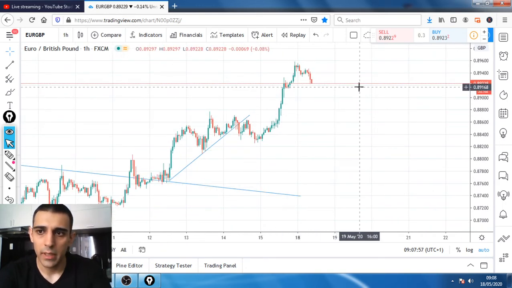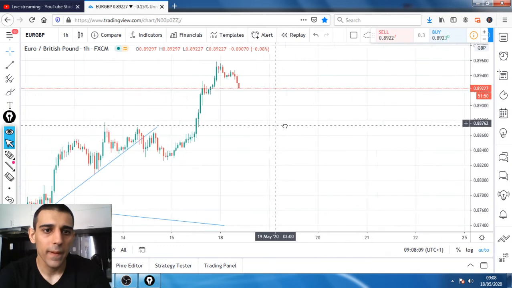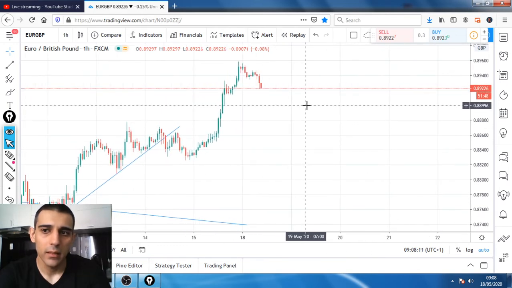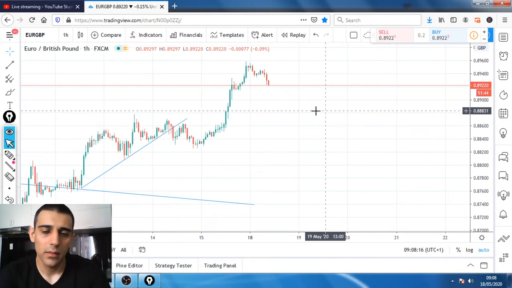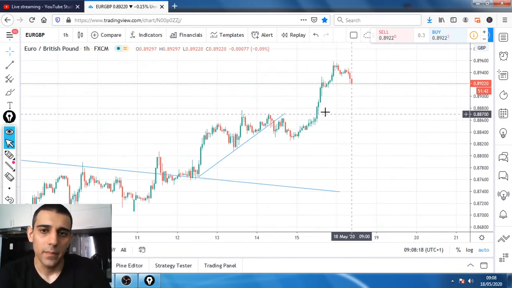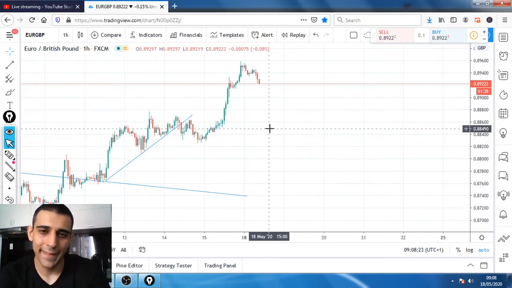So if the price comes down to 89.15, this setup doesn't look that good.